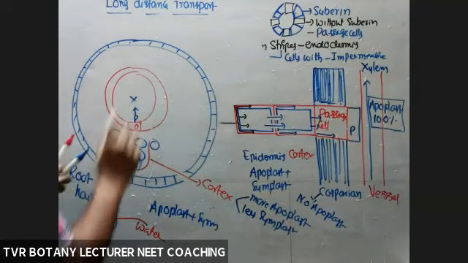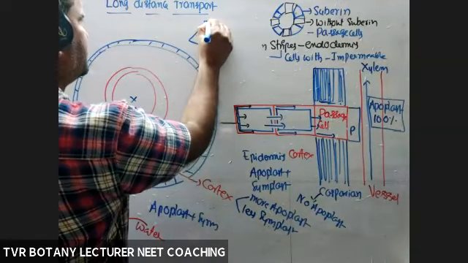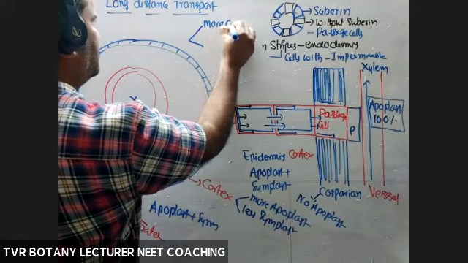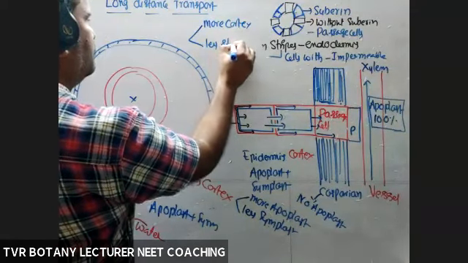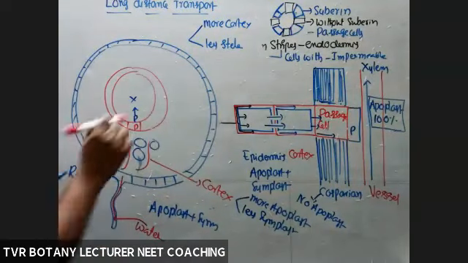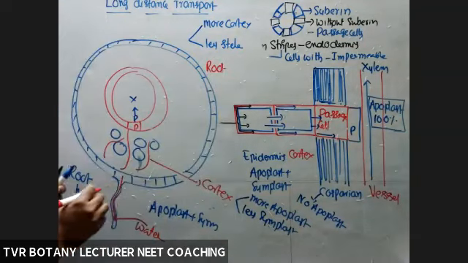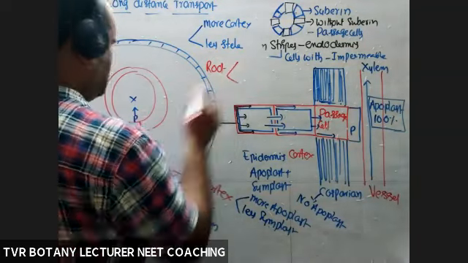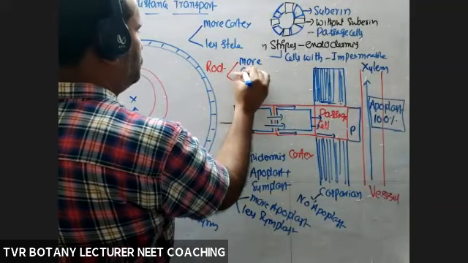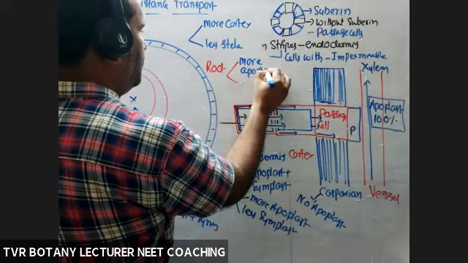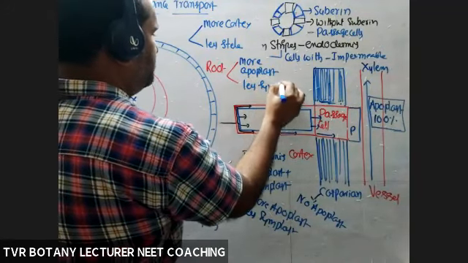Overall, in the root, out of stele and cortex, more cortex is present, a more massive cortex and less stele. That's why in the root system, there is more apoplast and less symplast.